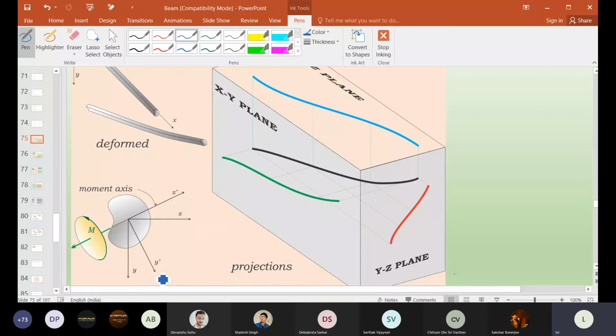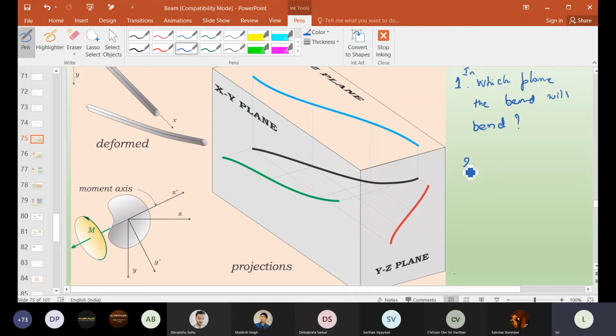Now the question is, let us say we have to answer the question in which plane the beam will bend.